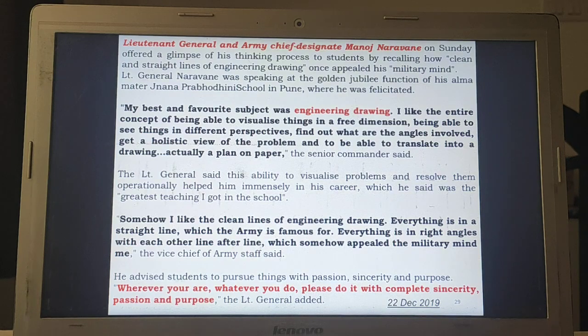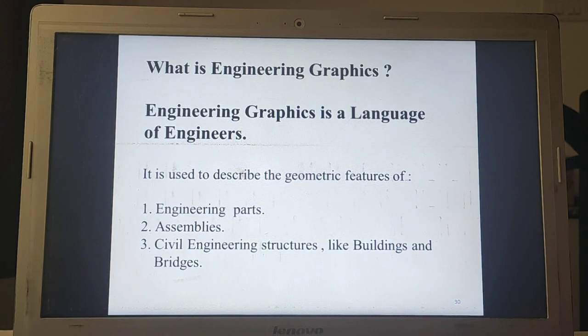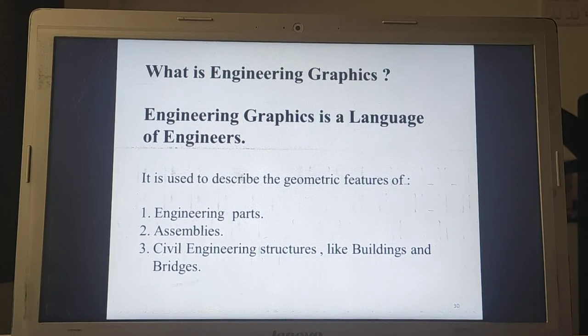This is an article where we have seen the importance of engineering drawing. Now let us see what an engineering drawing is. Engineering drawing is nothing but the language of an engineer, or engineering graphics is the language of an engineer. Previously this subject was called engineering drawing, but now it is called engineering graphics.